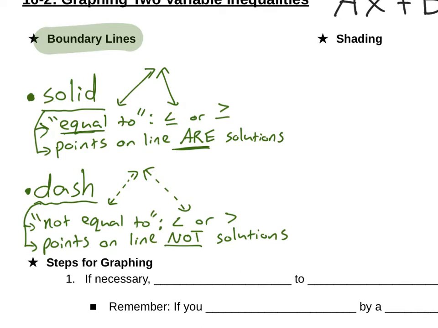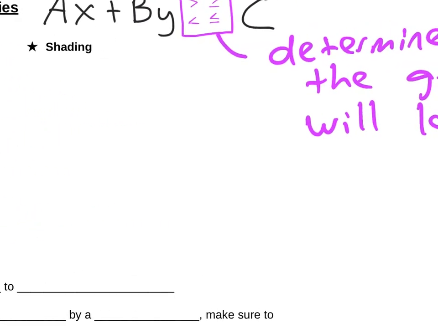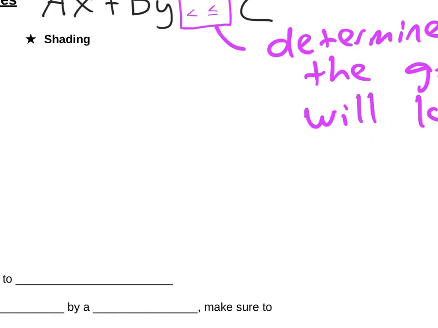All right, let's talk about shading now. The shading will also be determined based on the inequality that we see in the equation. But before you determine how it's going to be shaded, the best thing to do is to get it into slope-intercept form. So in slope-intercept form, you're going to look at shading here.